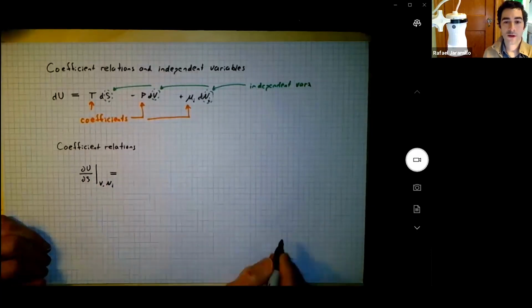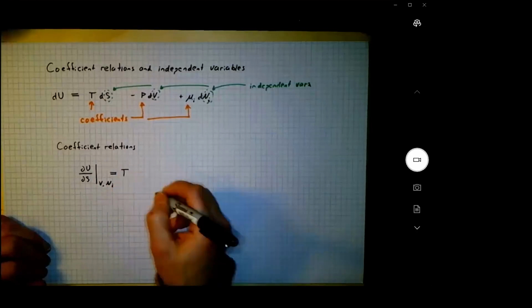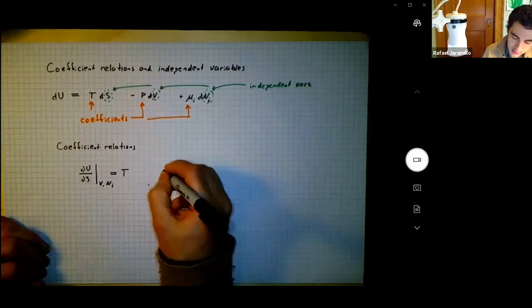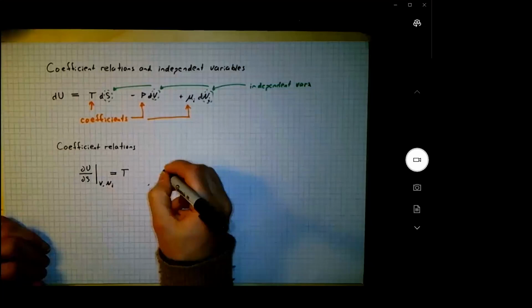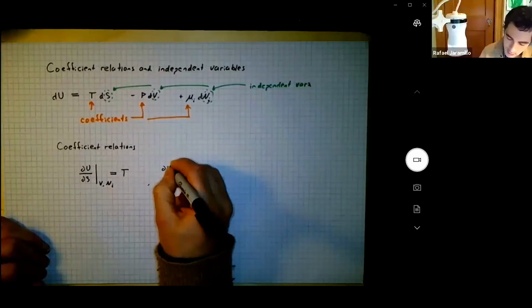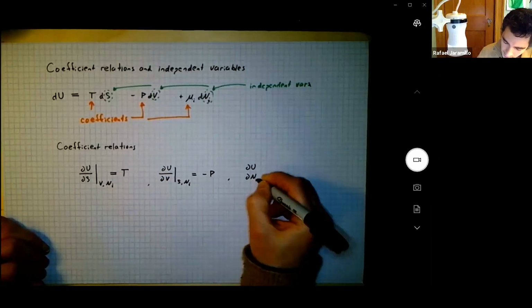You can pick it off. T. Yep, you just look at the differential form, you pick these off. Partial U by partial V at fixed entropy and particle number equals minus P, and partial U by partial Ni at fixed entropy, volume, and particle number Nj, j not equal to i, equals mu i.